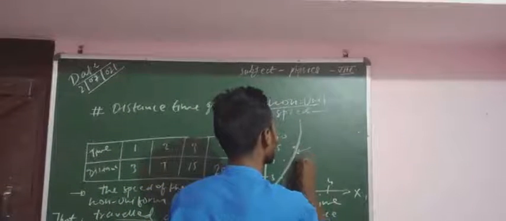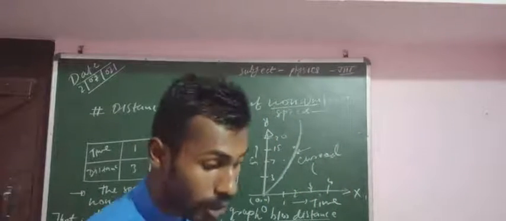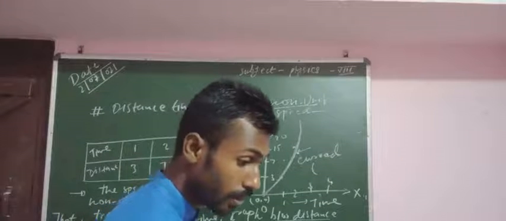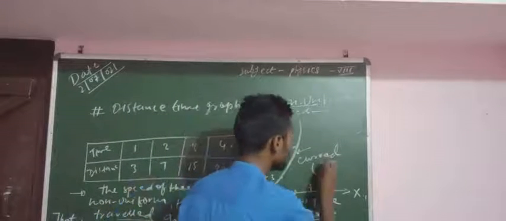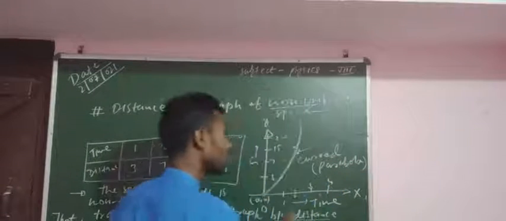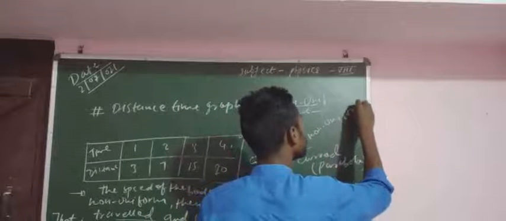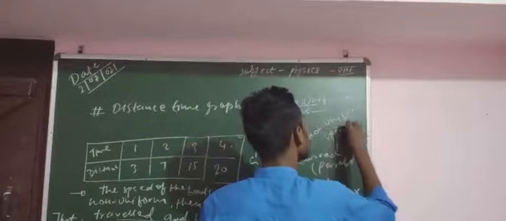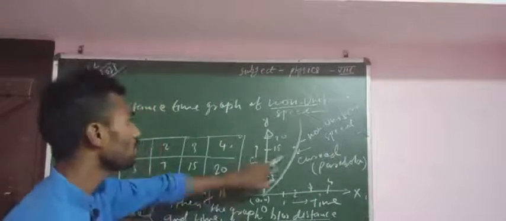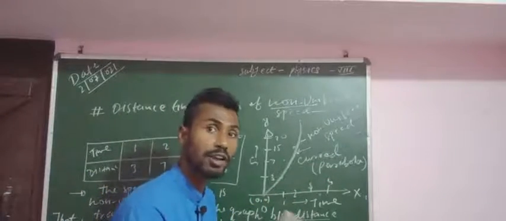This is the curved line, and it is also called a parabola. So when a body is moving with non-uniform speed, the nature of the graph is a curved line or parabola.